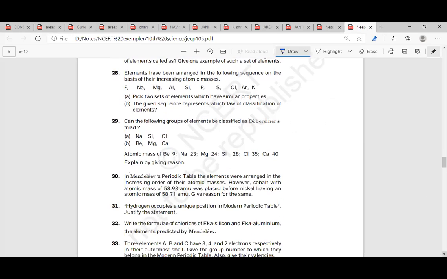Can the following groups of elements be classified as Dobereiner's triads?